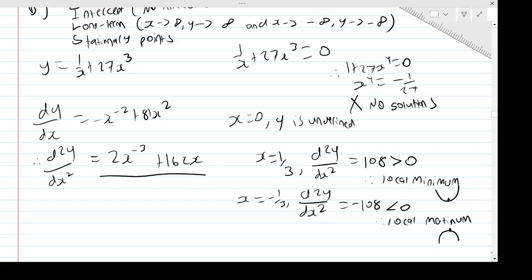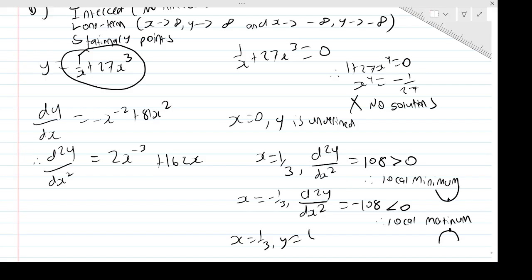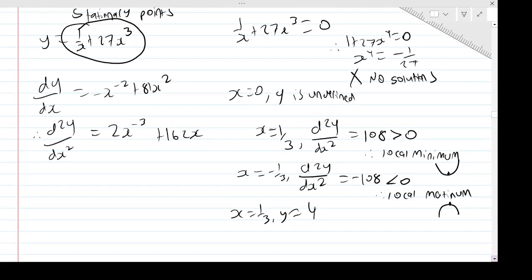Okay, so then lastly we need to find the coordinates, right? So if x is a third, then y is going to be, if I plug that into my curve here, well, 1 over x is 1 over a third, add 27 of a third cubed, I'll get 4. Okay, so that's the point. So therefore, the point a third, 4, is a minimum.